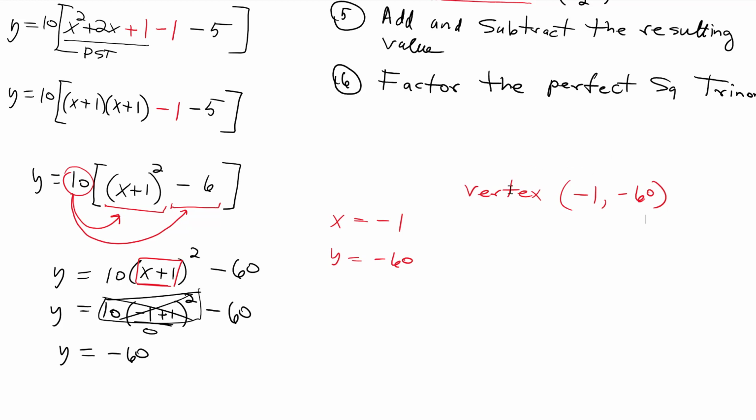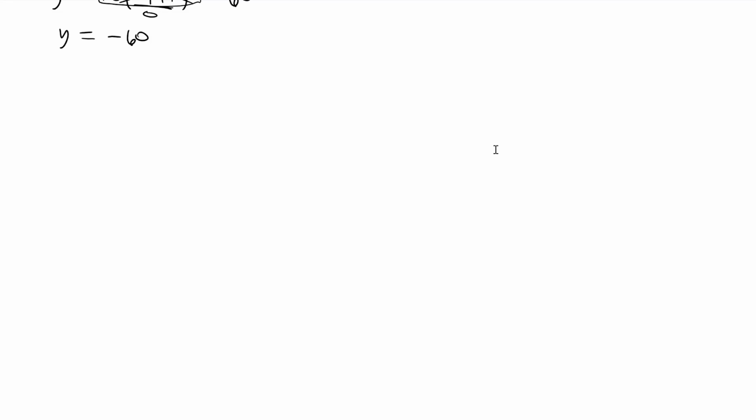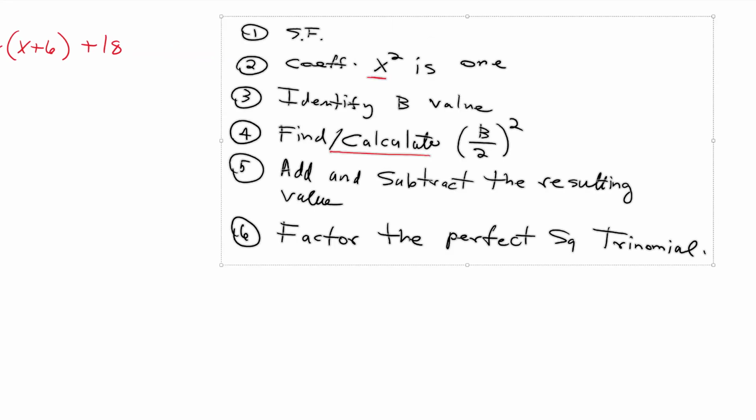Okay, let's look at a slightly different one involving the same concept. Let's write it down. Y equals -3x times quantity (x plus 6) plus 18. In this case, let me bring back a list of procedures. What we can see here is that it is not in standard form.